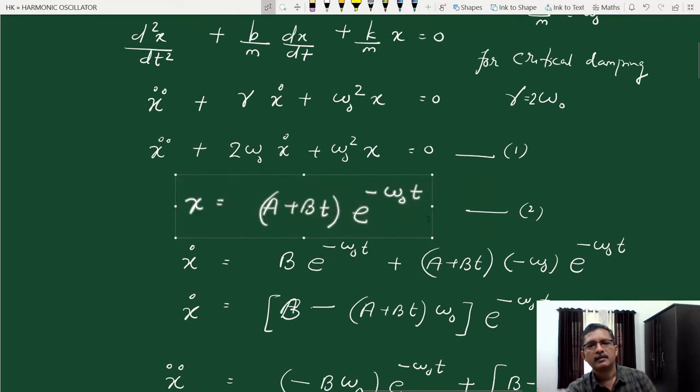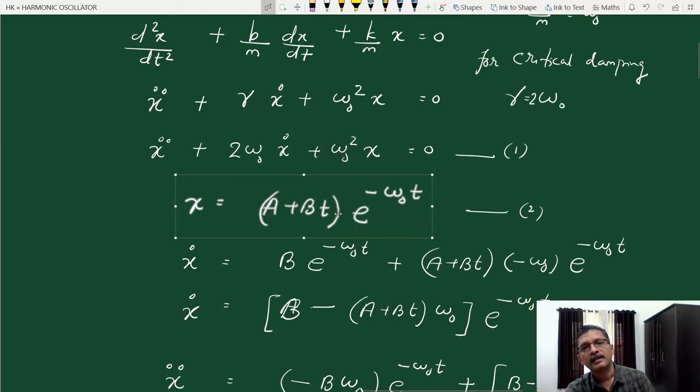Last time I think we have not plotted this one. You can see that this a plus bt part increases linearly with time, and the exponential part decreases exponentially with time, e raised to minus omega 0 t.